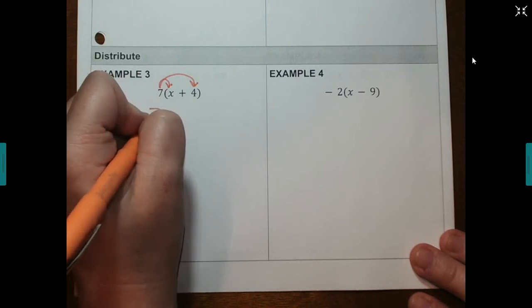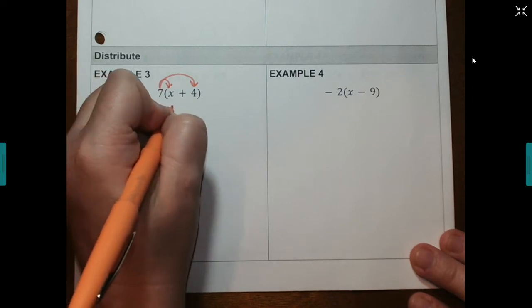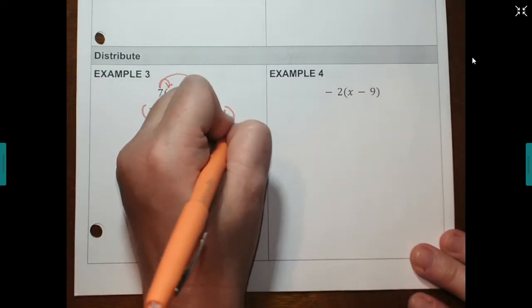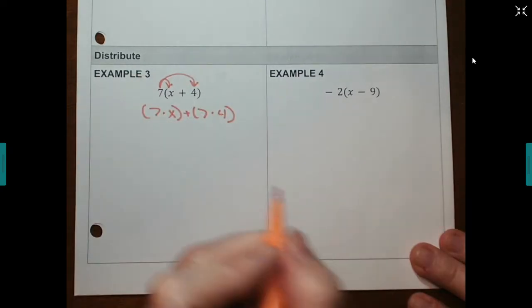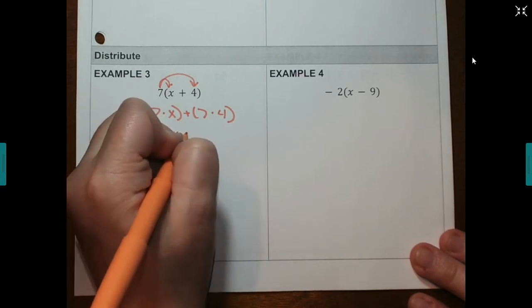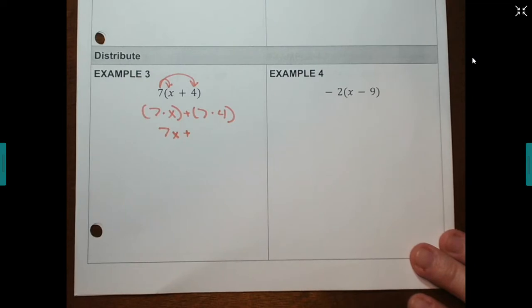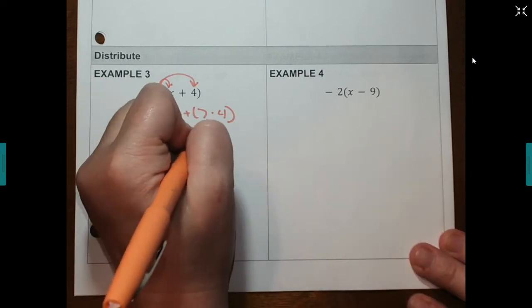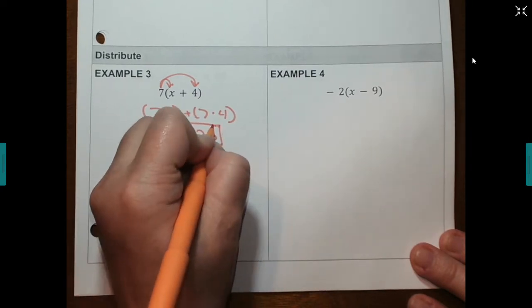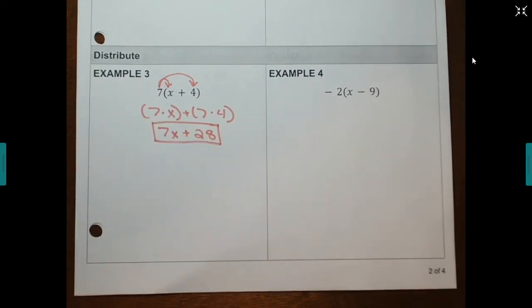So we end up with 7 times x plus 7 times 4. 7 times x turns into 7x, plus 7 times 4 is a great moment for Desmos, and that is 28. 7x plus 28.